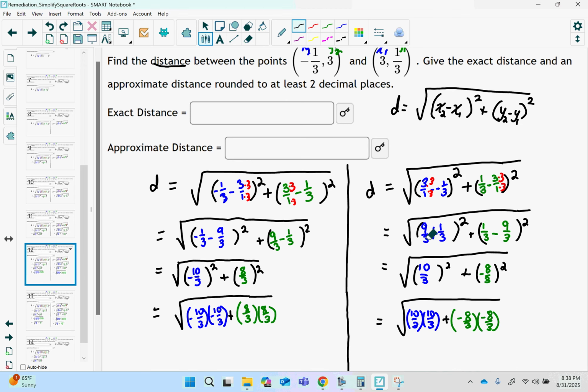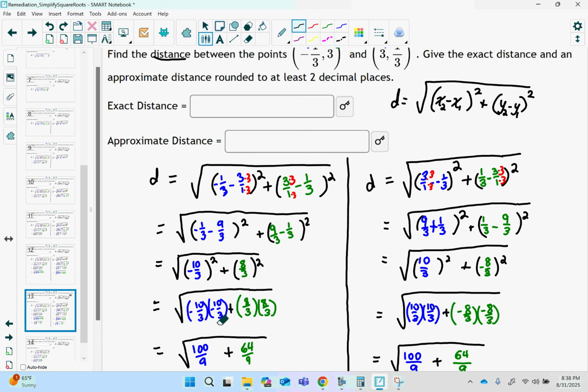Over in the right-hand version of the distance formula, I have positive 10/3 times positive 10/3 plus negative 8/3 times negative 8/3. So again, the two negatives are going to become a positive product when we simplify.